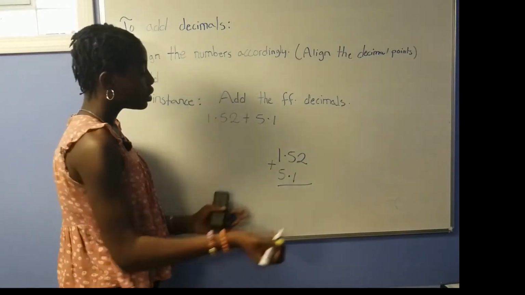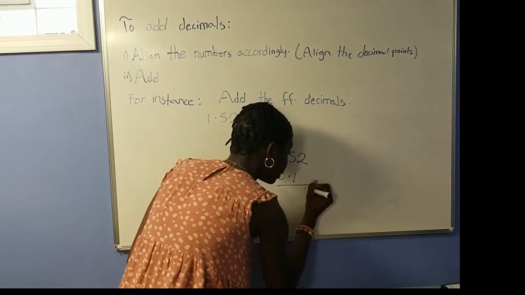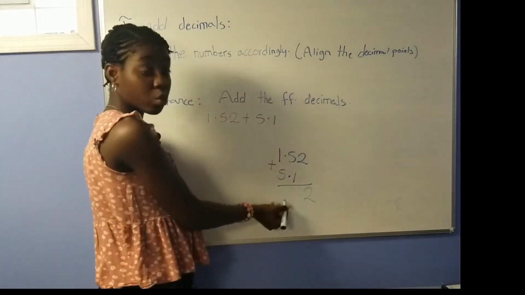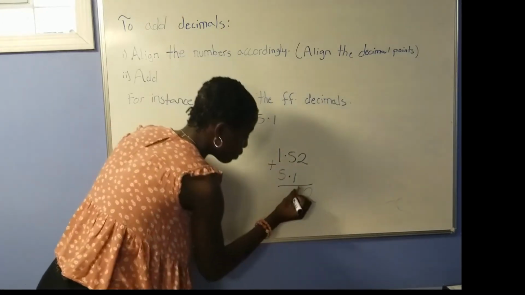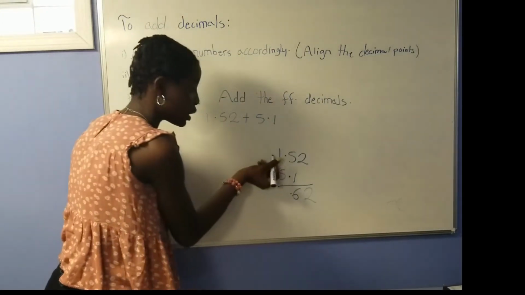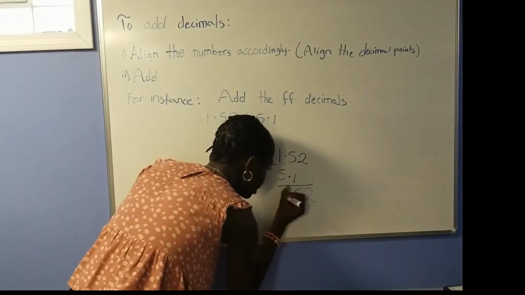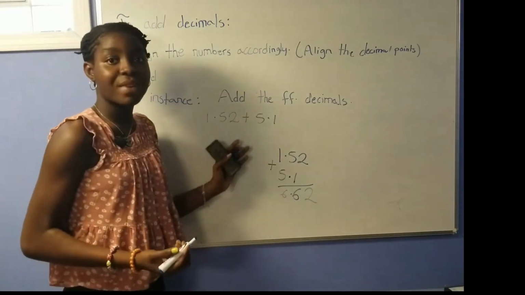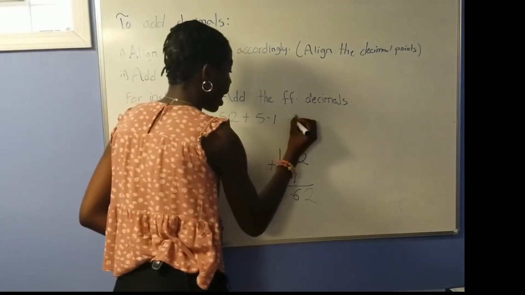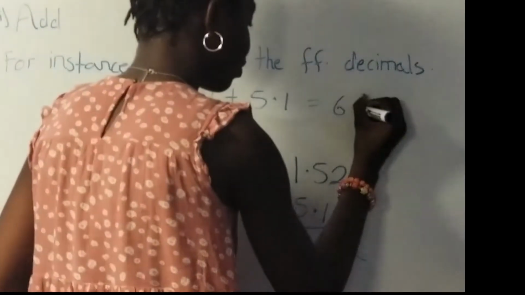To add, 2 plus nothing is 2. 5 plus 1 is 6. We bring our decimal point down. 1 plus 5 is 6. So when you add 1.52 and 5.1, your answer is 6.62.